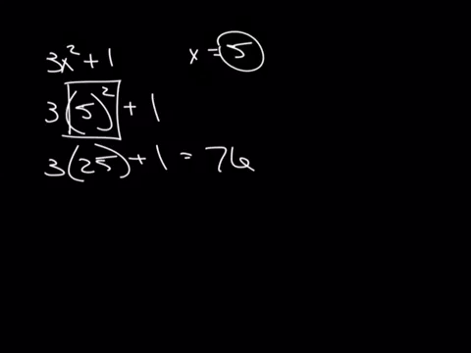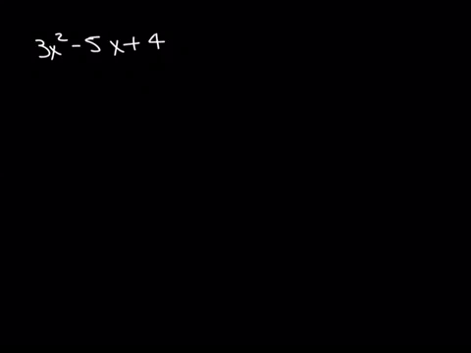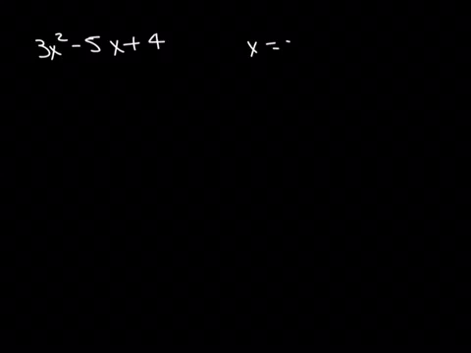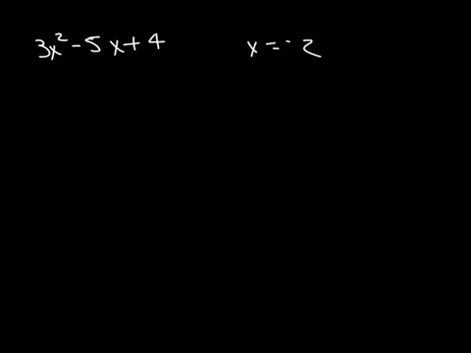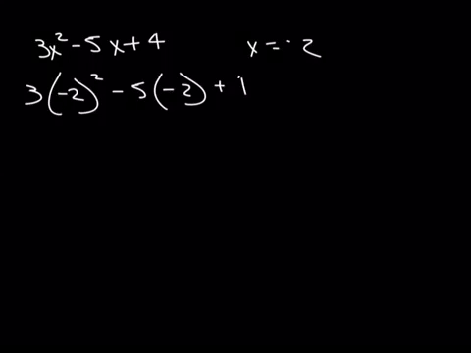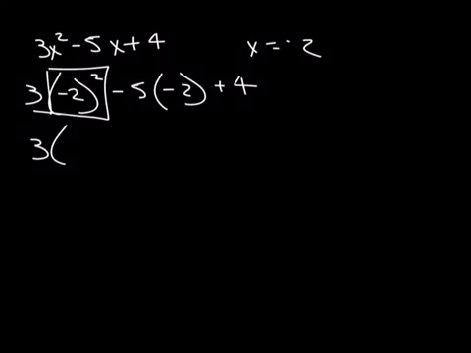Okay, so let's jump over to example 2. They give us 3x squared minus 5x plus 4. And they're telling us x is equal to negative 2. So wherever we see an x, we're going to put a negative 2 in there. And again, I like to use parentheses. Makes life a lot better. So we do that first, and because the negative is in the parentheses, we square the negative 2.